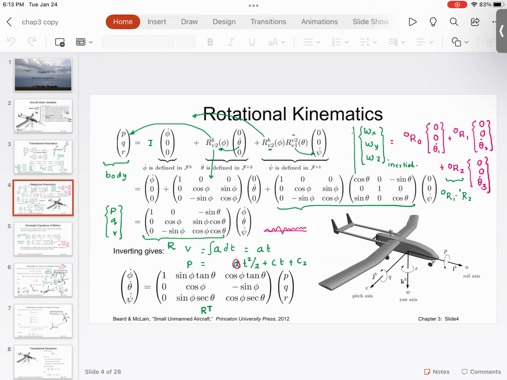So basically you have roll, pitch, and yaw derivatives, and those are related to P, Q, R. Please understand, P, Q, and R are the aircraft body angular velocities measured by the strapdown inertial measurement unit, the 3-axis gyroscope.